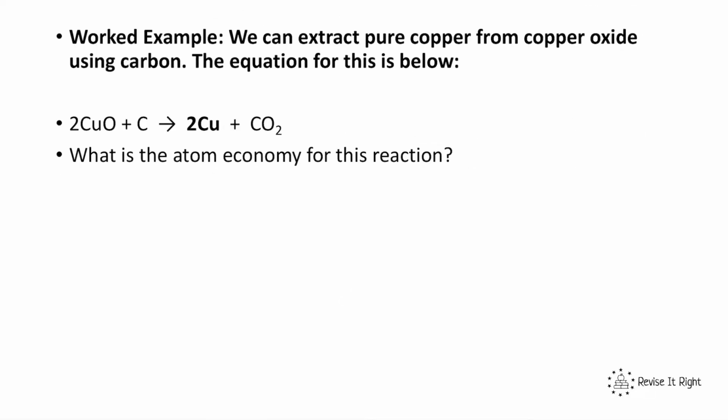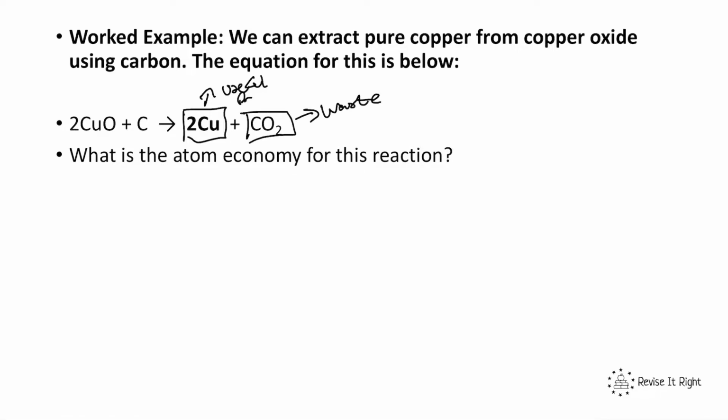So let's go through a worked example then. We can extract pure copper from copper oxide using carbon. The equation is shown below. What is the atom economy for this reaction? Well, what do we want? Well, we want pure copper. So that's what we want. This is the useful compound that's formed, or element in this case, and this is the waste product.